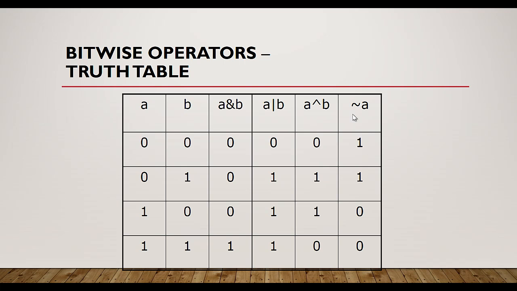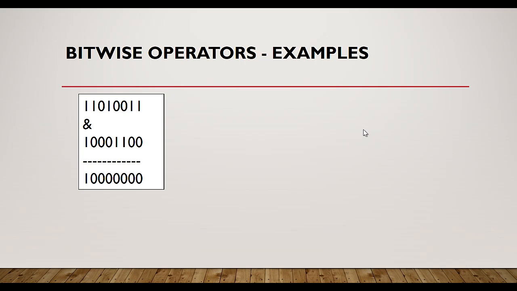And last but not least, the one's complement. All it does is invert the value. If it is 0, it becomes 1; if it is 1, it becomes 0. You don't need four rows for this because one's complement works with a single value. It's not a binary operation.